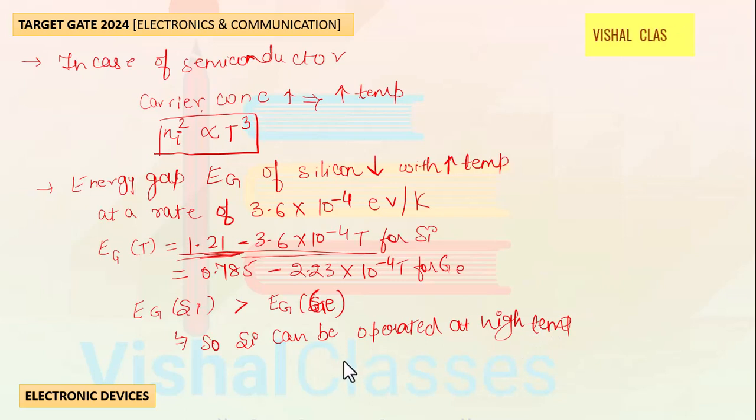Energy gap is large, so silicon can be operated at high temperature.